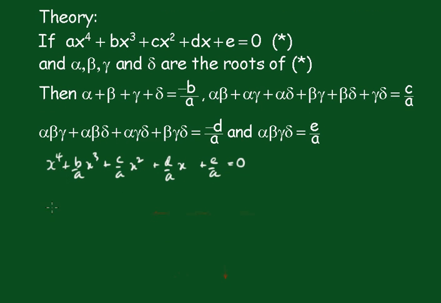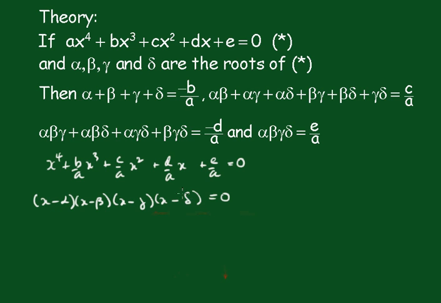And now we know that the roots are alpha, beta, gamma, and delta, so we can write x minus alpha times x minus beta times x minus gamma times x minus delta is equal to 0.